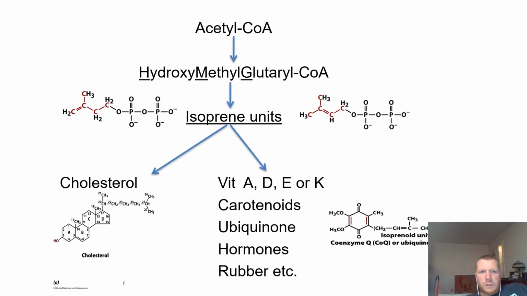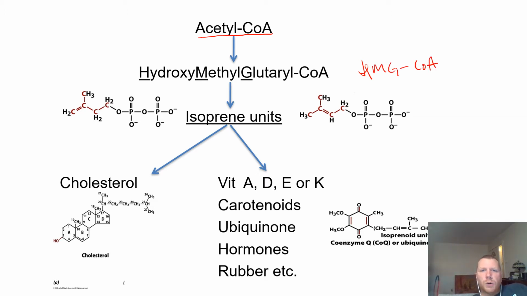Now, the biosynthesis of cholesterol has some similarities to ketone bodies. First of all, cholesterol is going to be synthesized starting from acetyl-CoA. Acetyl-CoA is going to be combined to ultimately make hydroxymethylglutaryl-CoA, or HMG-CoA.